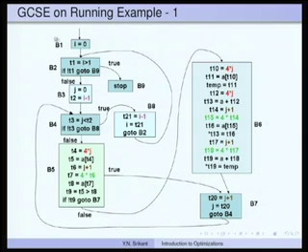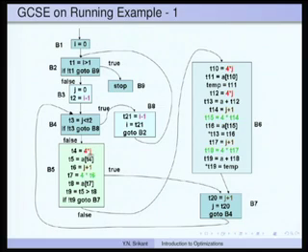So, coming back to GCSE on the running example, let us see where the opportunities are. Here is the I minus 1, for example, and we have I minus 1 here also. So, possibly this and this are common subexpressions.